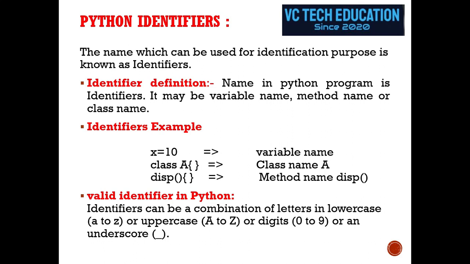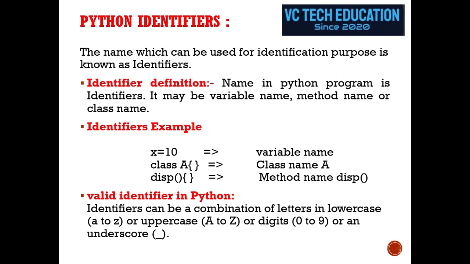Python identifiers. The name which can be used for identification purposes is known as an identifier. A name in a Python program is an identifier. It can be a variable name, method name, or class name.